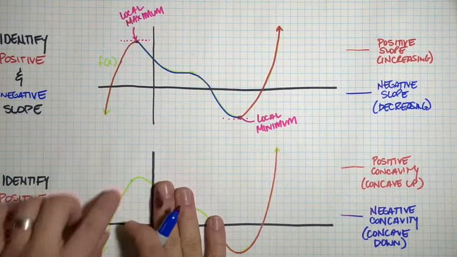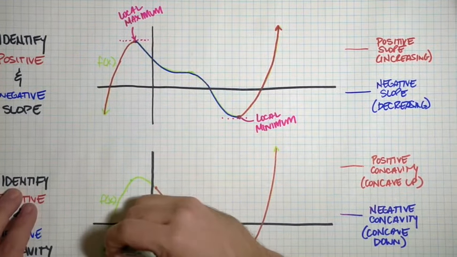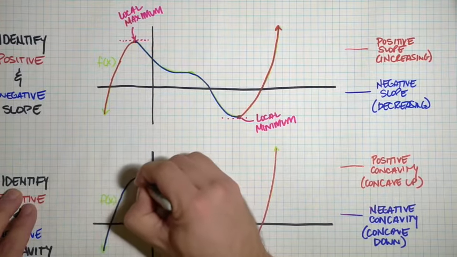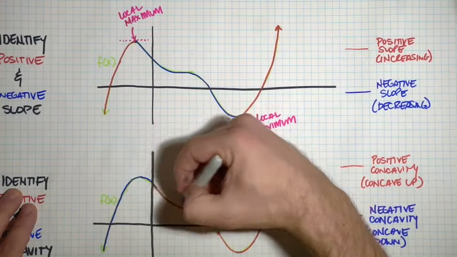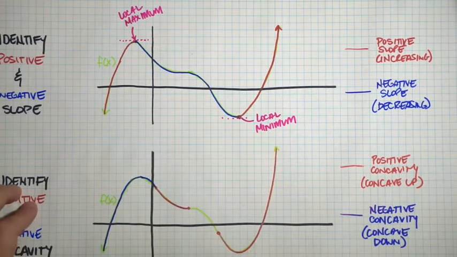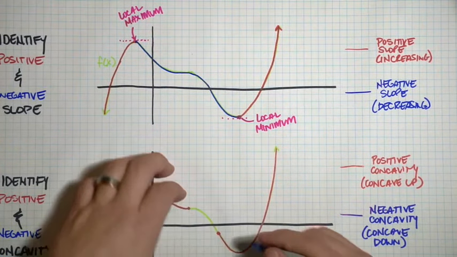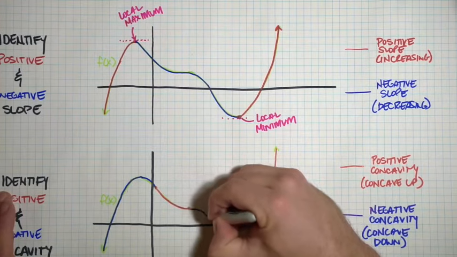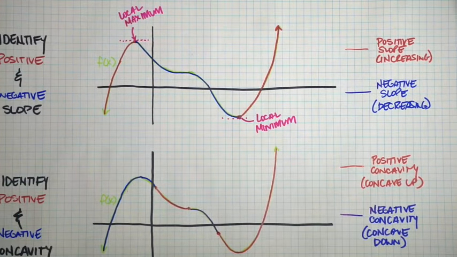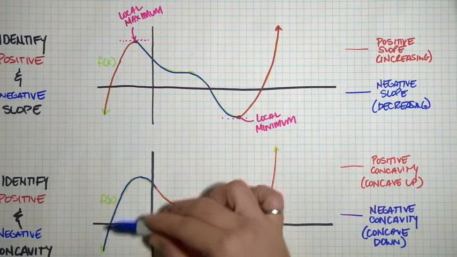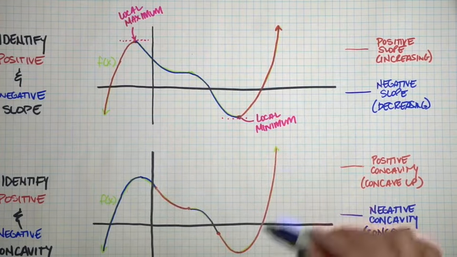Well, the obvious place is this part here, which looks like a downward facing parabola, right? So this whole part, until it starts to sweep back up, looks like it's concave down. And if we just look at this little green part of the graph here, it looks like a downwards facing parabola, right? So there, we've identified the regions of negative concavity and positive concavity.